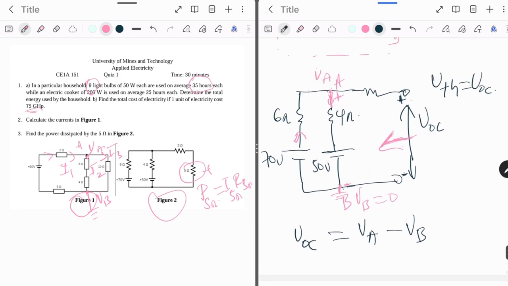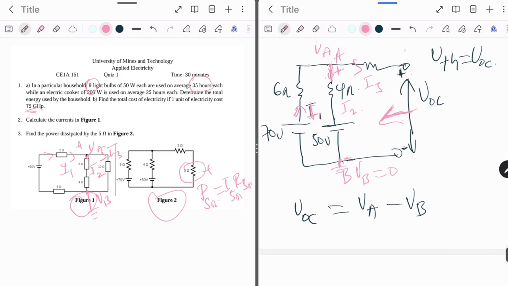Let's say we indicate the current for this branch here to be I1, and the current in this branch here to be I2, and maybe for this branch, I3. But you can see that because this is open, I3 is going to be 0.